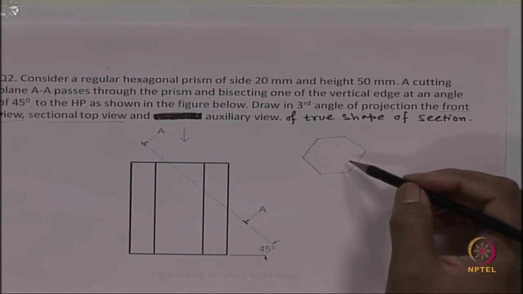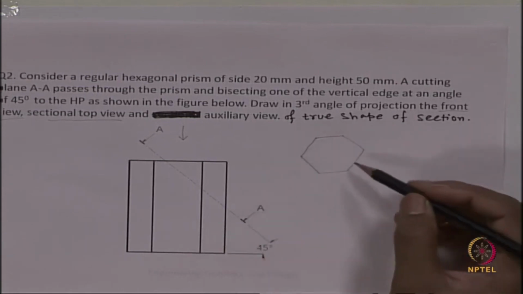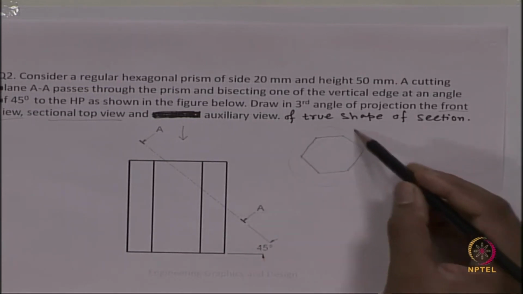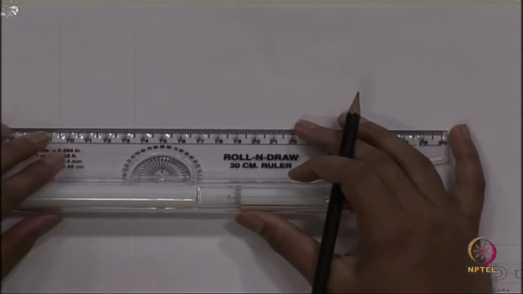First let us draw the hexagon. From the hexagon we will come to the front view. This is the third angle projection, so the top view will be at the top.